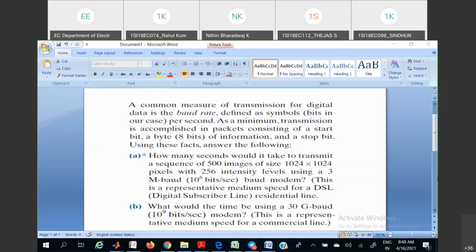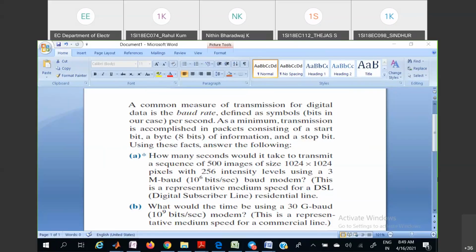Sir, actually, it is 8 bits, so we will add 1 bit at the start and end. So it will be a total of 10 bits. Correct. That is for every pixel. Okay. What is the size of the image? 1024 into 1024, so 1024 into 1024 into 10. This would be for one image, correct?